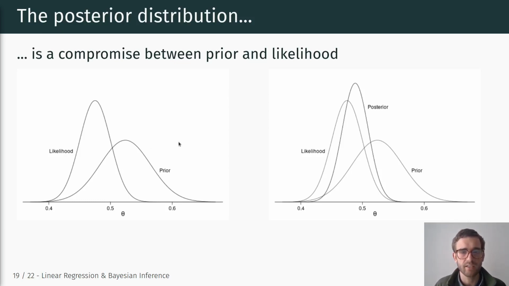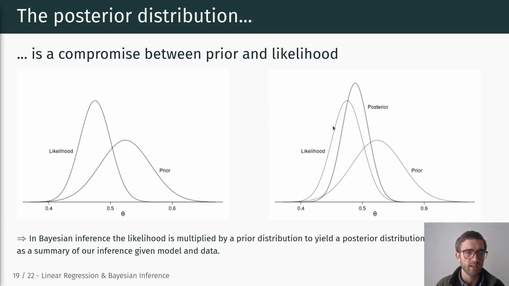So another thing that this will tell you then is, of course, if we increase our sample size more and more and more, what happens is that our likelihood distribution gets more and more narrow. So as we increase our sample size, of course, in this hypothetical example, the posterior also becomes closer and closer to the likelihood, okay?